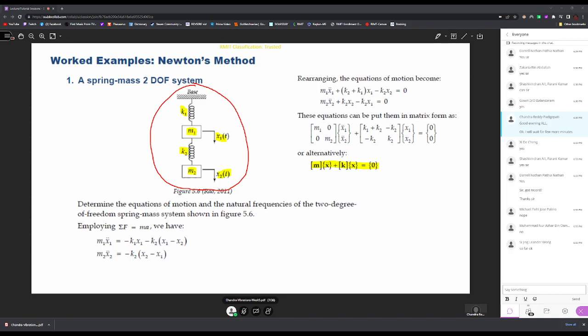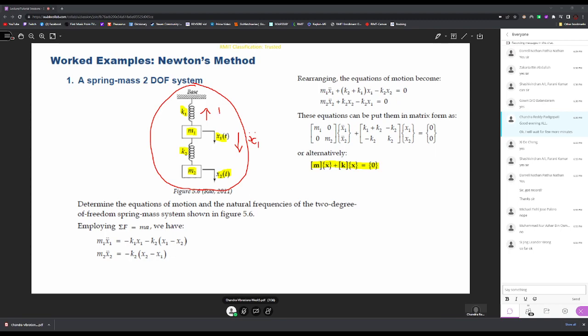Then we know for m1 there will be the force acting. The acceleration will be downwards as shown here, x1 double dot. Similarly, the spring force will be upwards.